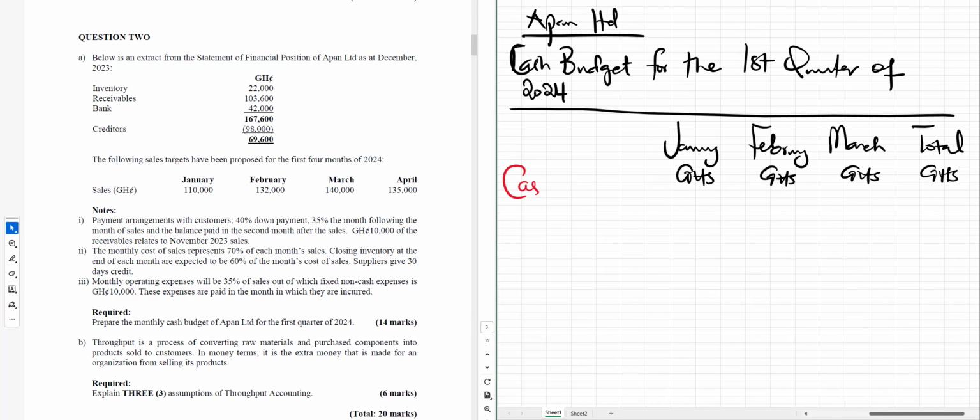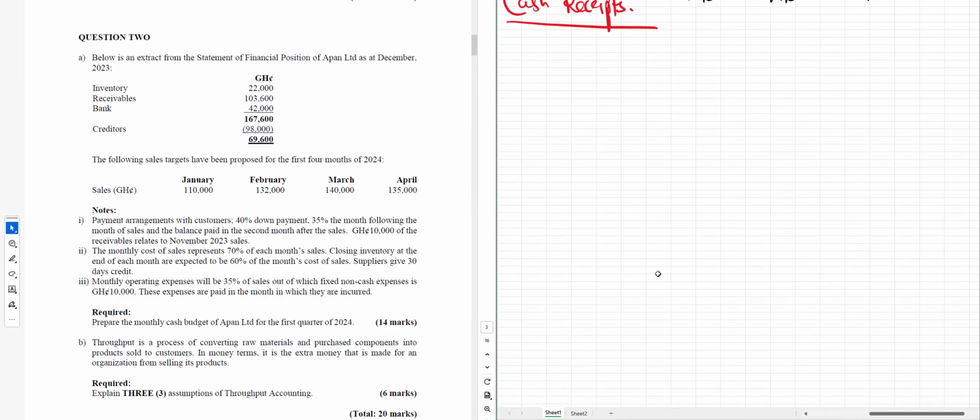My cash receipts, right? You can call it receipts, cash receipts. And then somewhere down the line, I'm teaching you because of exam. Somewhere here, I'll just come and put cash payments. Because there are some easy marks that I can always pick up. Do you get it? That's my style.